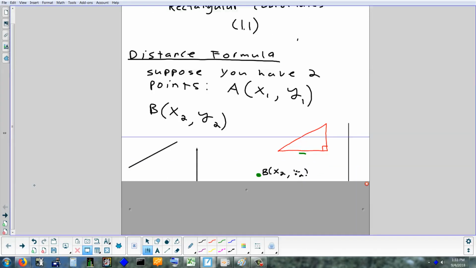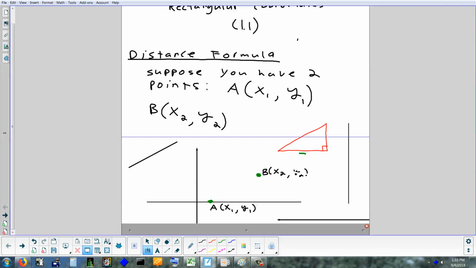Let me make this a little smaller. The idea is we have something like this. Don't worry about this triangle yet. Point A is right at the bottom. Point B is up in quadrant 1. My goal is to find the length of the segment that I just drew.